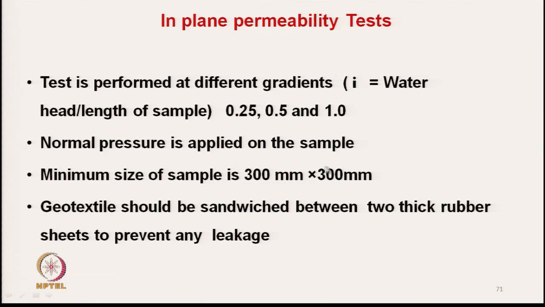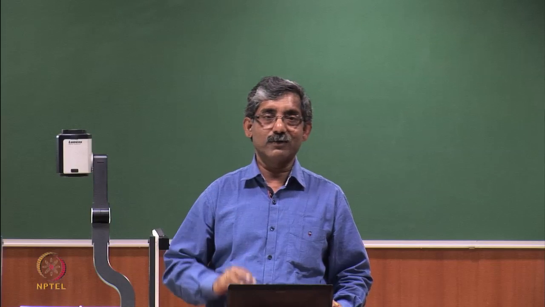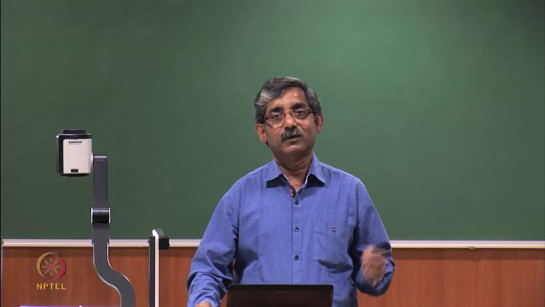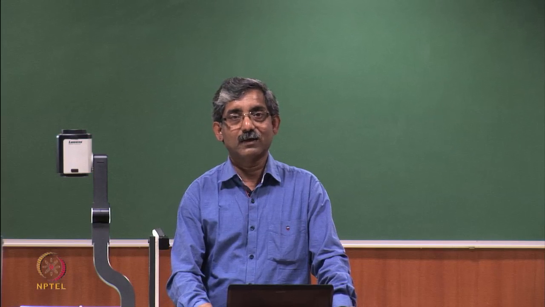Normal pressure is applied on the sample, and the minimum size of the sample is 300 millimeter by 300 millimeter. Geotextile should be sandwiched between 2 thick rubber sheets to prevent the leakage. Otherwise, if we do not provide the rubber, the channeling of the water will not be proper. Water will come out from the top and bottom surface. To prevent that, we have to sandwich the geotextile with the rubber sheet.